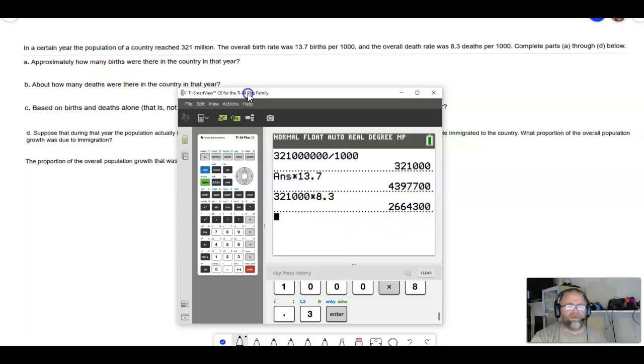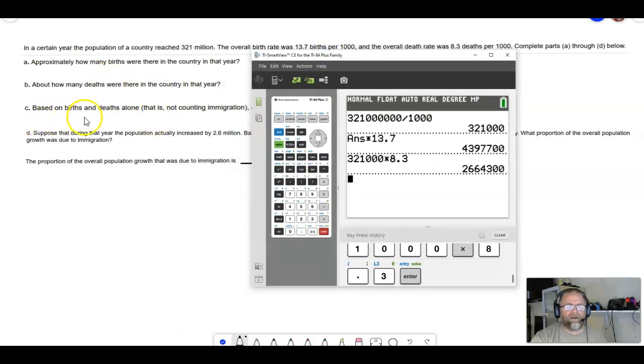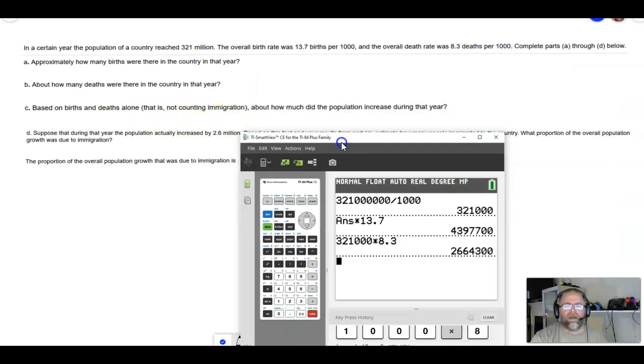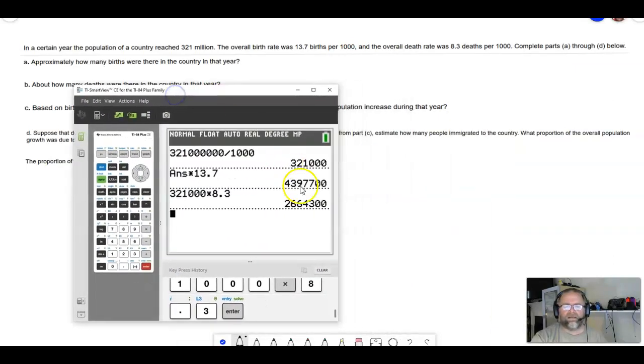All right. So the next thing says, based on births and deaths alone, that is not counting immigration, about how much did the population increase during that year? So if we got 4.4 million births and 2.67 or 2.66 million deaths, we just take the difference of that.